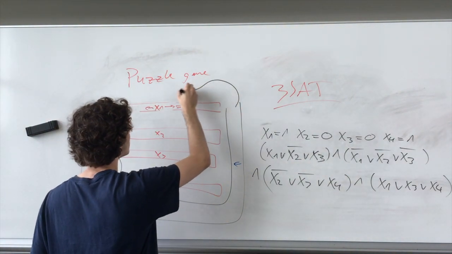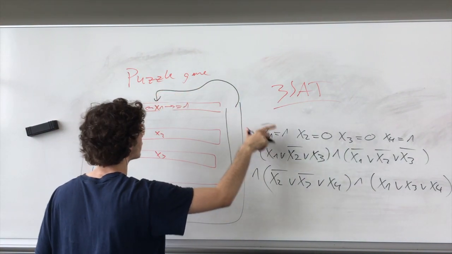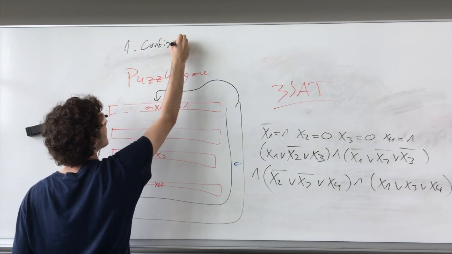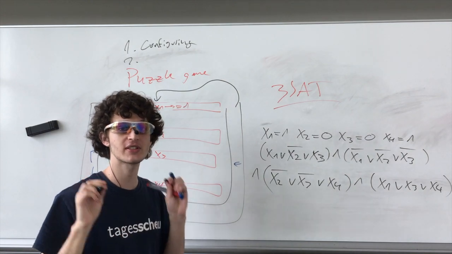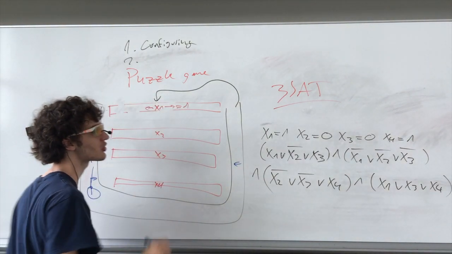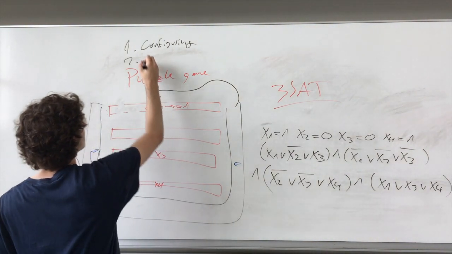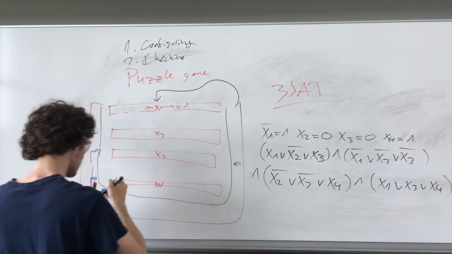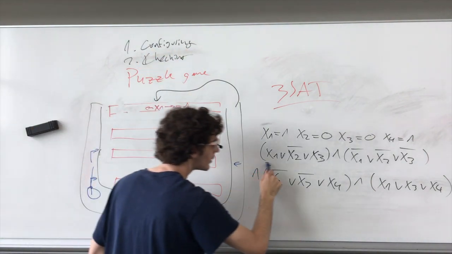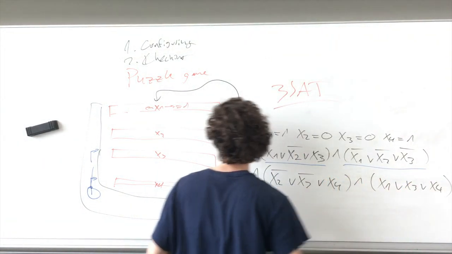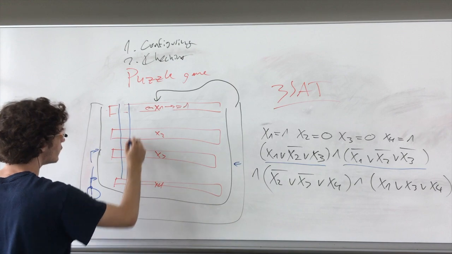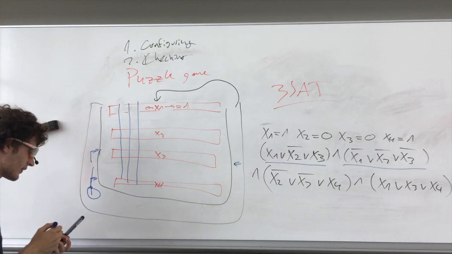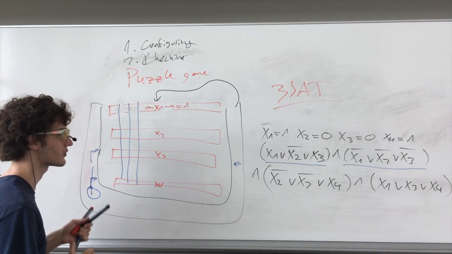Thus, we will go into a second state after configuring, and then we have checking. He will only be able to escape if his configuration is a valid configuration. Now here, for every conjunct, he will have 3 possibilities to go down through the blue rows.